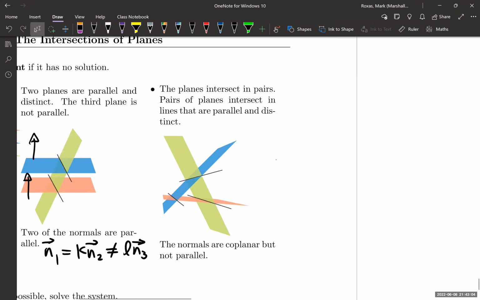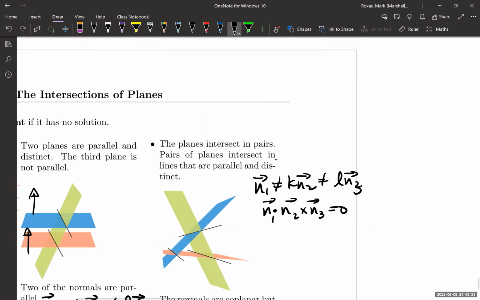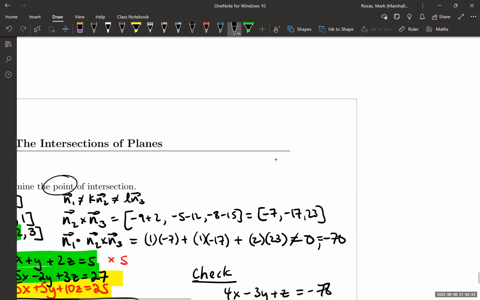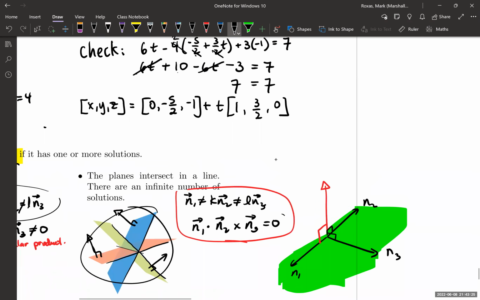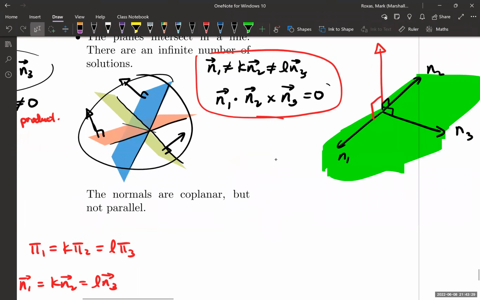This has the same conditions, right? n1 not equal to k n2, not equal to l n3, and the triple scalar product n1 dot (n2 cross n3) equals 0. These are the same exact conditions as the picture that we had up here. However, this one only had one line of intersection.